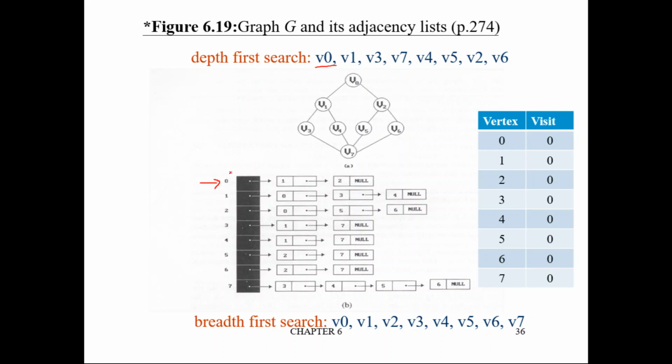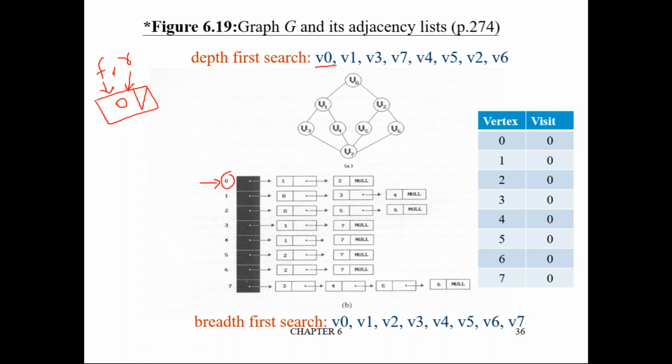Then we insert node 0 into the queue. So now the queue has only one element, that is 0. Its next is pointing to null. Front is pointing here and rear is also pointing here.